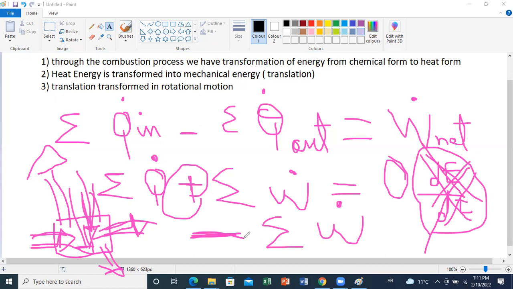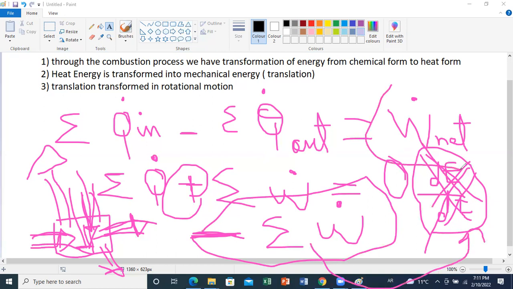So here, when I put sum of Q dot in minus sum of Q dot out equals W dot net, I used the second convention because I had Q dot minus sum of W dot equals 0, and when I took this term to the other side of the balance, it became W dot net. Here, W dot net represents the produced work of my system. We know that in an internal combustion engine, we transform heat into work.